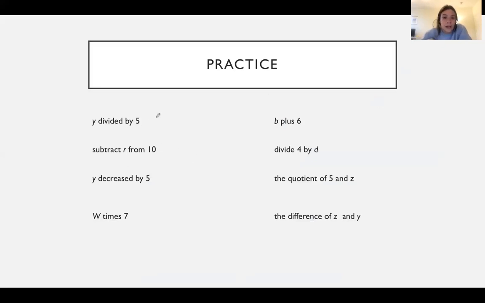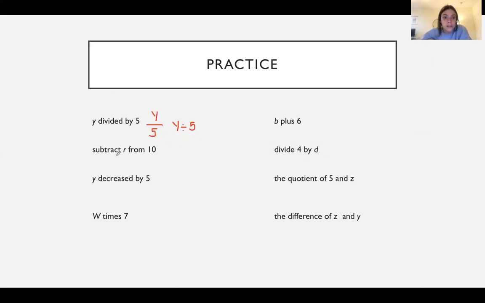First we have y divided by 5, so that is y over 5, or it could be written as y divided by 5, but it's not the other way around because you're dividing y by 5, not 5 by y. And then subtract r from 10.